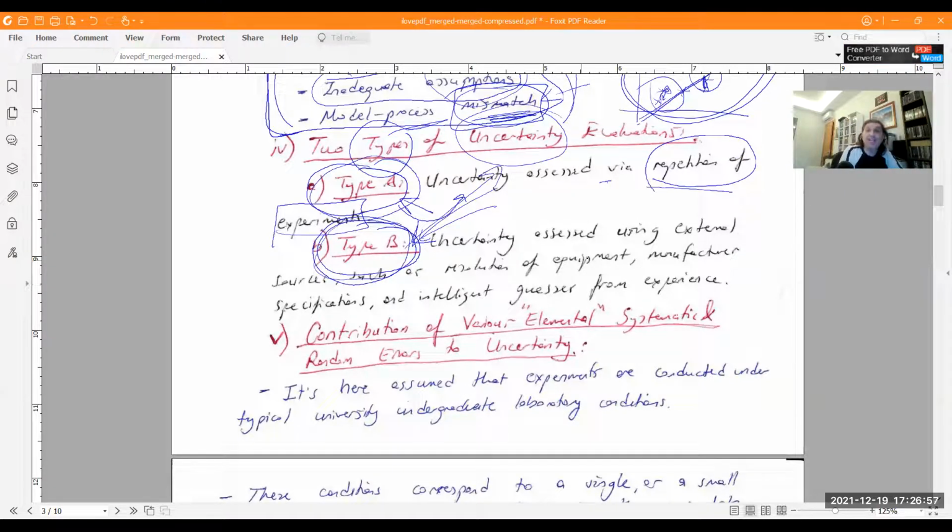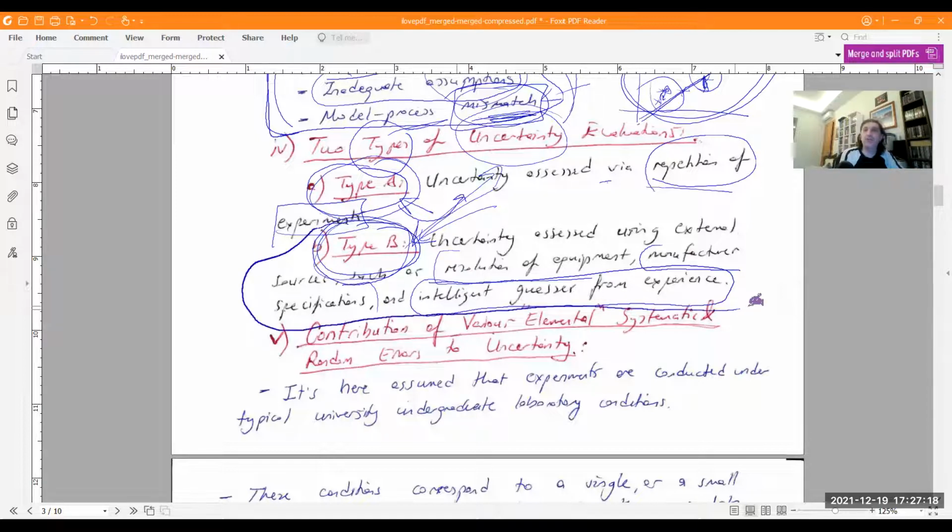These are obtained by the so-called resolution of the equipment, which we are going to cover, manufacturer specifications, again, we are going to cover, or in some cases, intelligent guesses depending on experience or maybe from literature and other sources. Even if, I repeat again, you conduct a single experiment, you are still going to be able to come up with these type B evaluations.